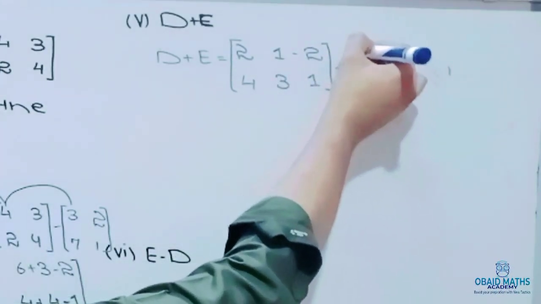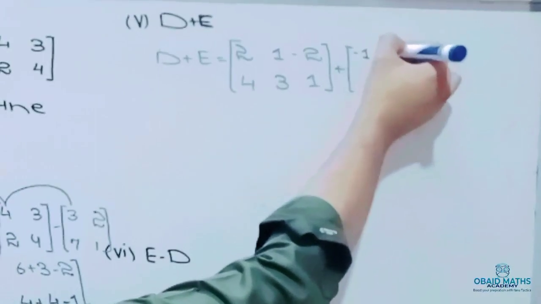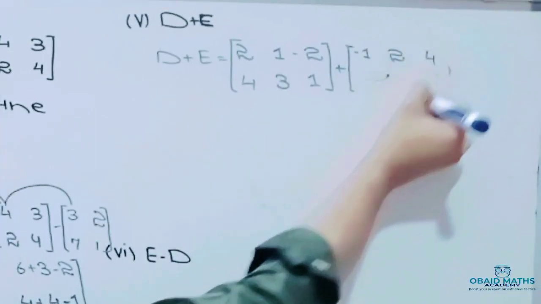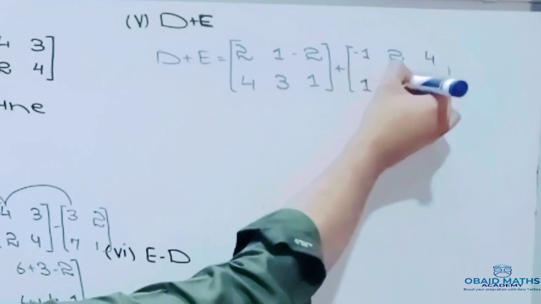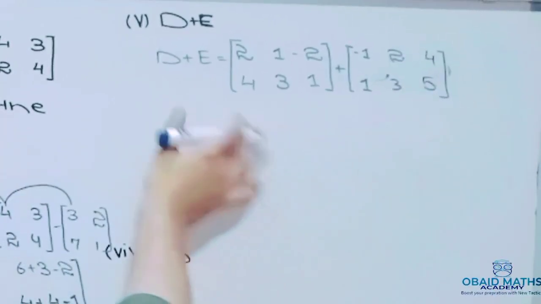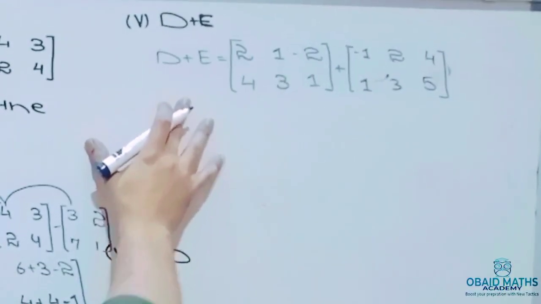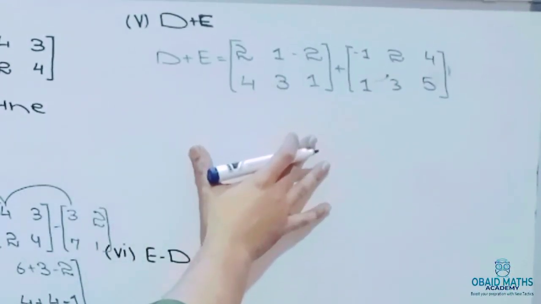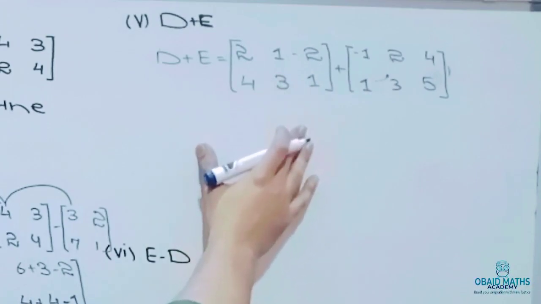Next, matrix E: minus 1, 2, 4, 1, 3, 5, and matrix close. The steps remain the same. You have to focus on the place of the numbers through which you are going to add or subtract.